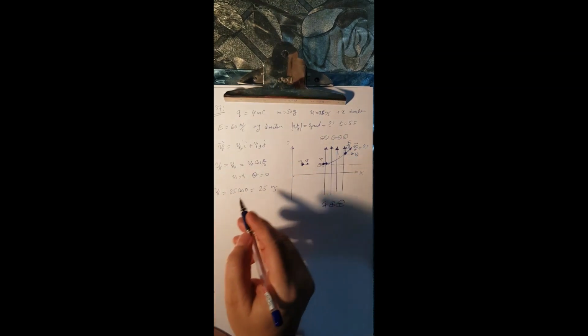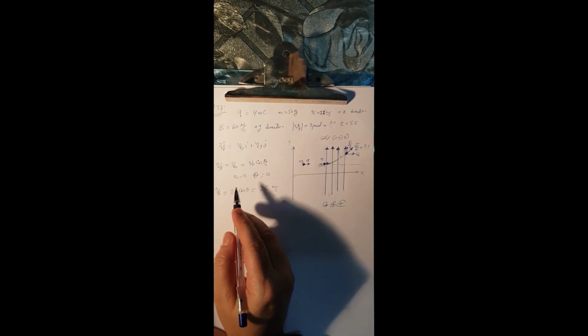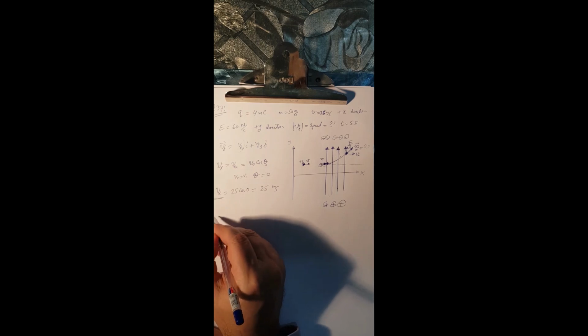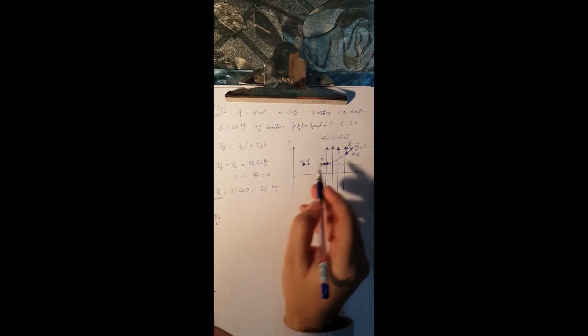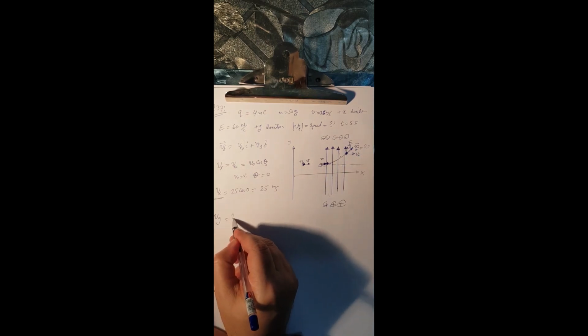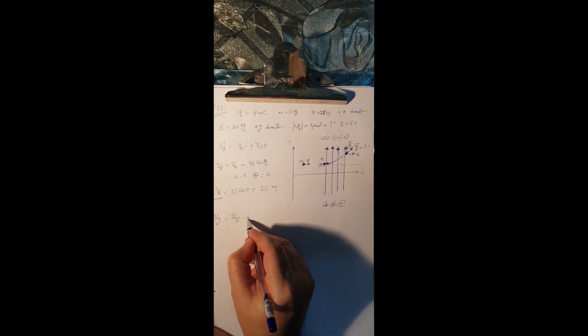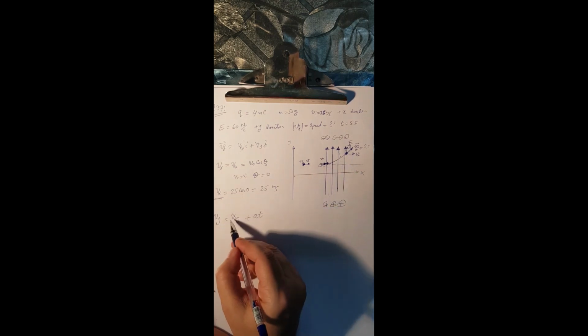Because we have time, and here we're talking about the y component only, this is the x component. So Vy final equals V naught y, initial, plus the acceleration multiplied by the time taken between these two points.